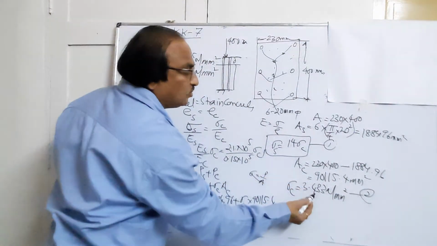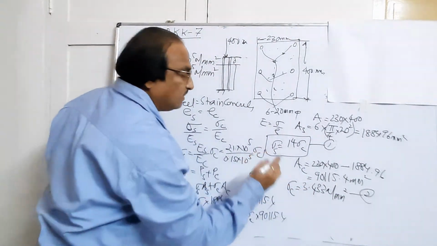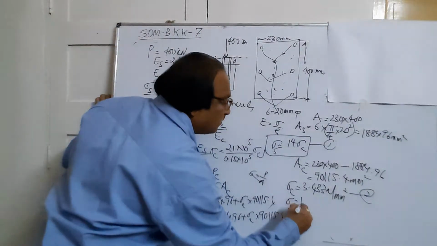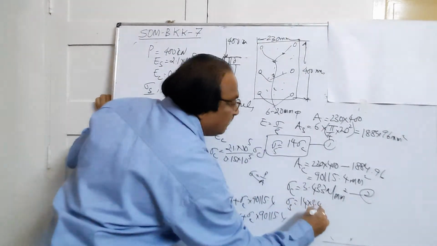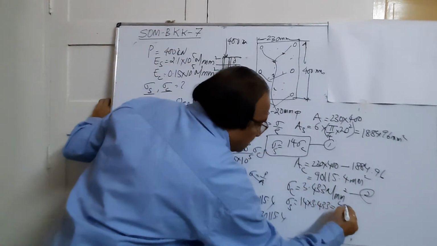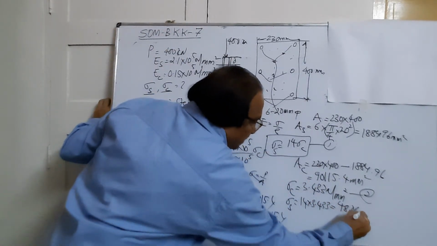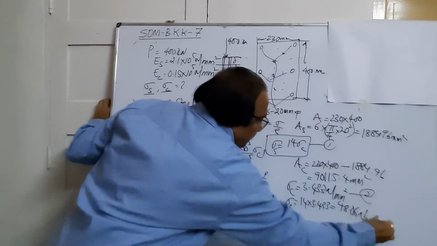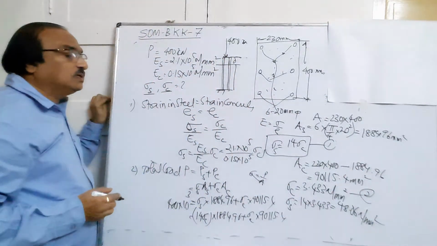Now if I substitute this in the first relation, I will get the value of sigma S. So sigma S will be equal to 14 into 3.433. You get the stress in steel as 48.06 Newton per mm square.